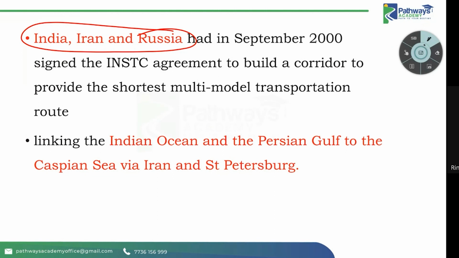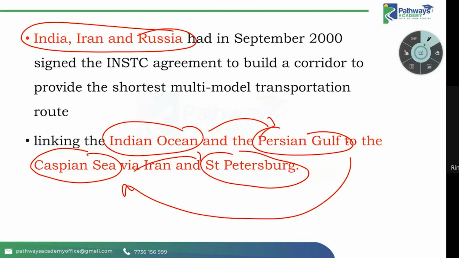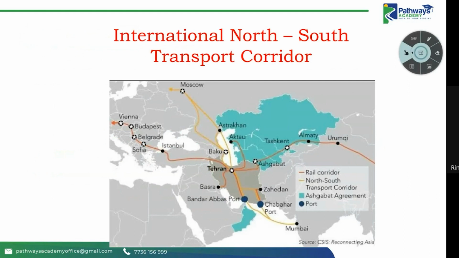It links the Indian Ocean to the Persian Gulf, the Persian Gulf to the Caspian Sea, and the Caspian Sea to St. Petersburg. These are the connections included in this: Indian Ocean, Persian Gulf, Caspian Sea, and St. Petersburg.